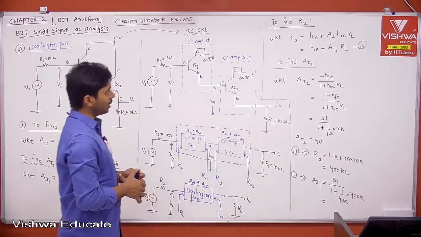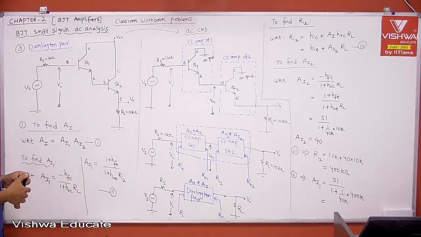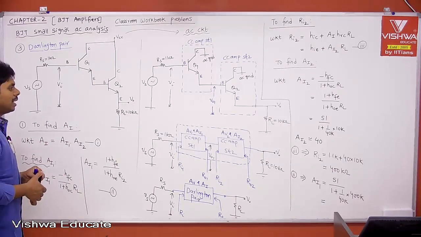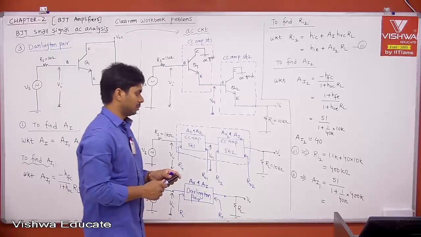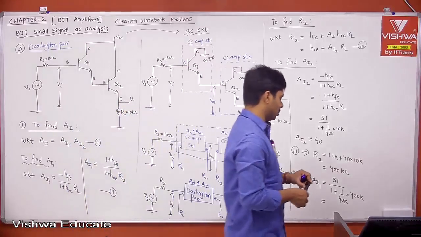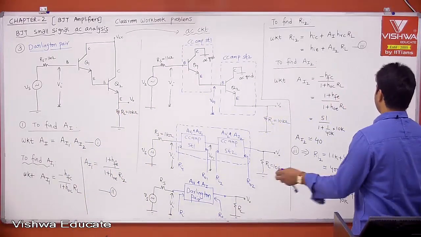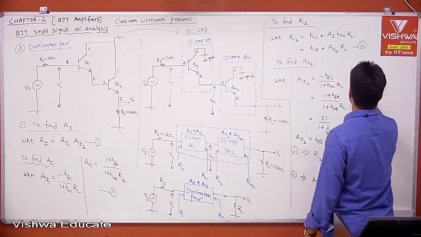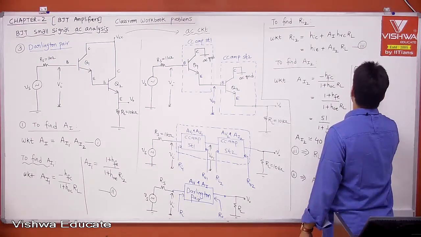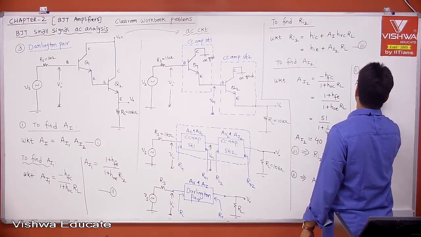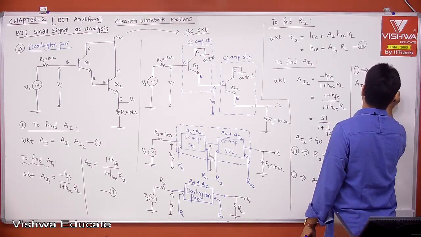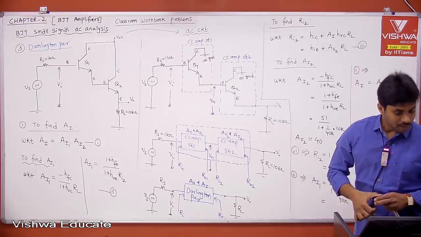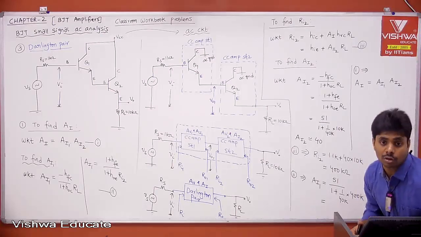Calculate that AI1, then substitute that AI1 in equation 1, and you know AI2, then you will get the overall gain AI. Therefore, after substitution, what do you get? Equation 1 implies AI is equal to AI1 into AI2. If I make any silly mistake, you have to correct it automatically, okay?